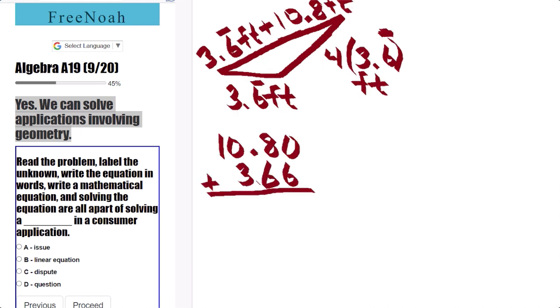Here we go. For our first calculation on the longest side, we have 3.6 repeating plus 10 and 8 tenths. 0 plus 6 gives us 6. 8 plus 6 gives us 14. Drop the 4, carry over the 1. 1 plus 3 is 4, and then drop the 1.